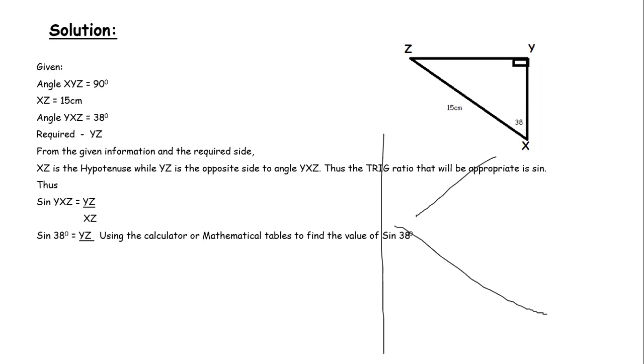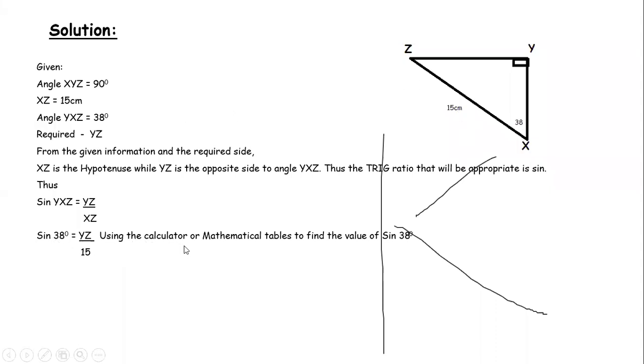So we'll put the 38 degrees there so that we'll have sine 38 degrees is equal to YZ, which is what we want to find, divided by XZ, which is 15, given in the question.